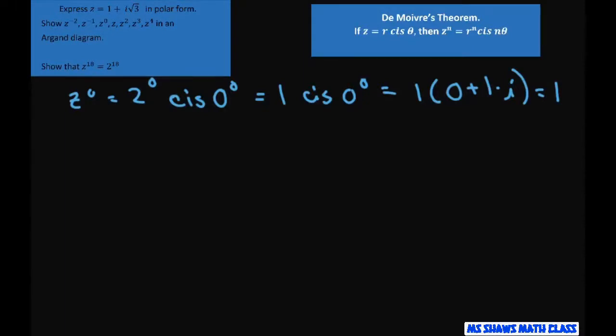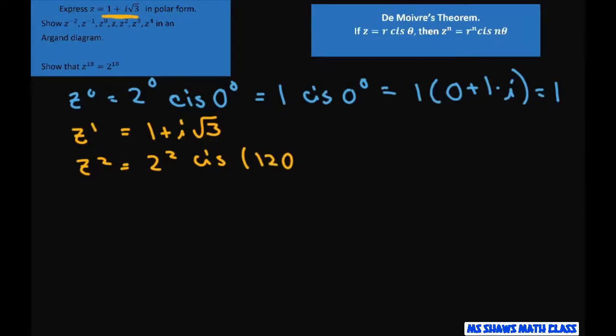And then z to the first power equals what they just gave us, so that's just 1 plus i square root of 3. And z squared equals 2 squared cis of 120, because that's 2 times 60.